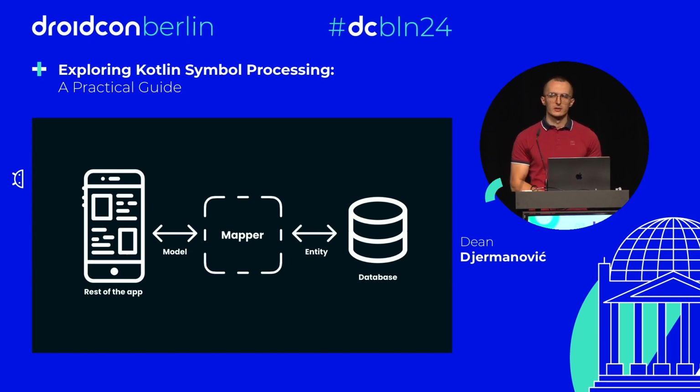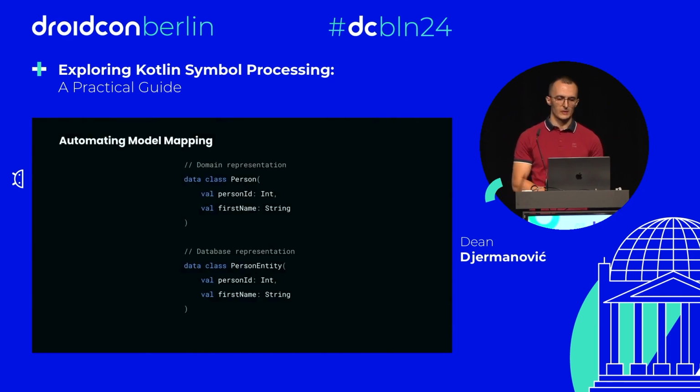In our case, since our application stores a list of people in a local database, we are going to work with database models, which represent database entities, and domain models that the rest of the app works with. So for simplicity, we are only going to work with two types of models, database and domain. And this is how these models look in code.